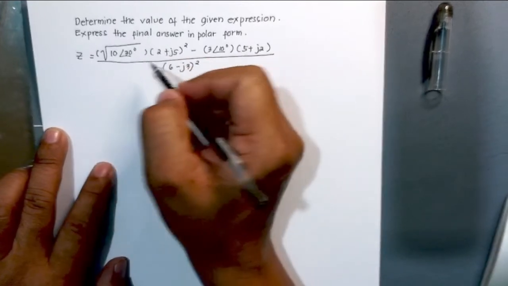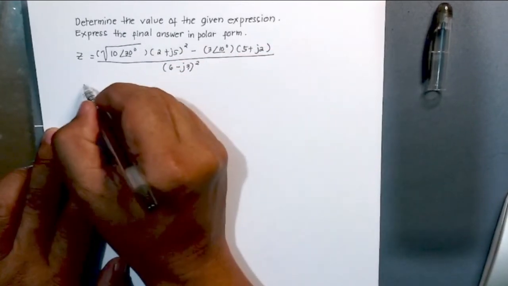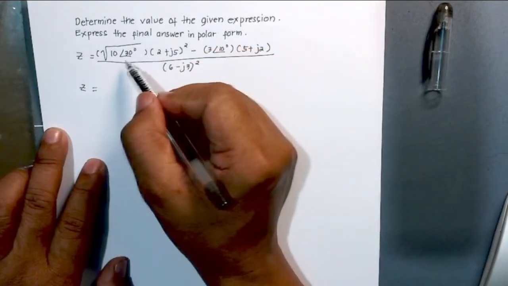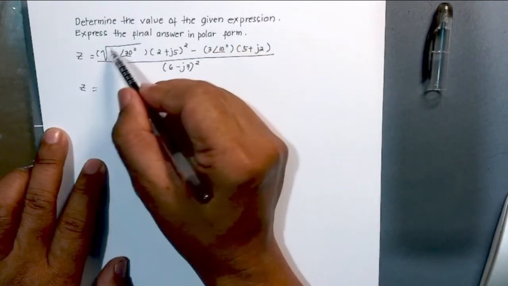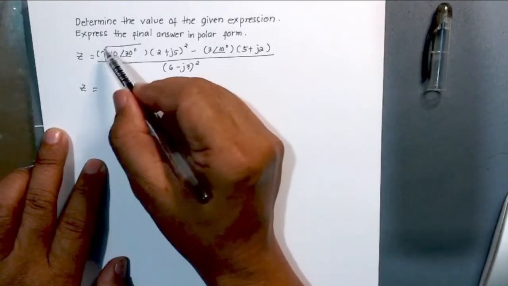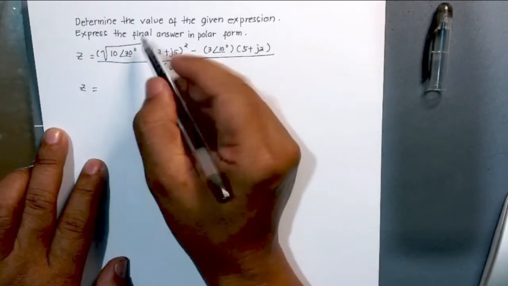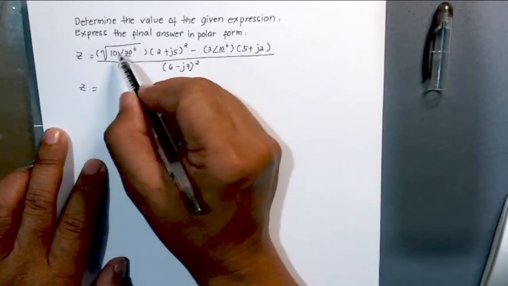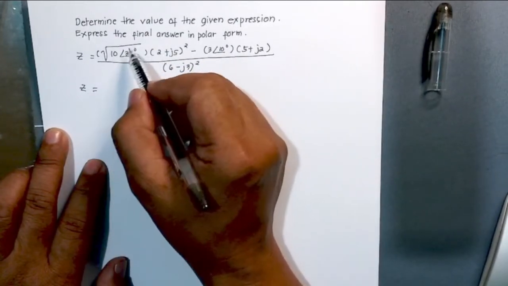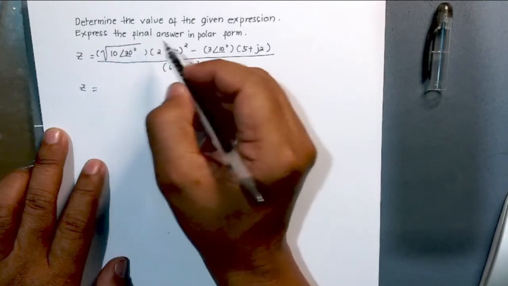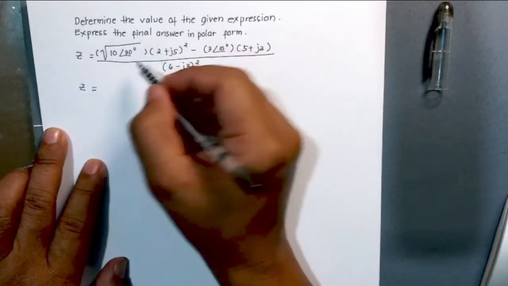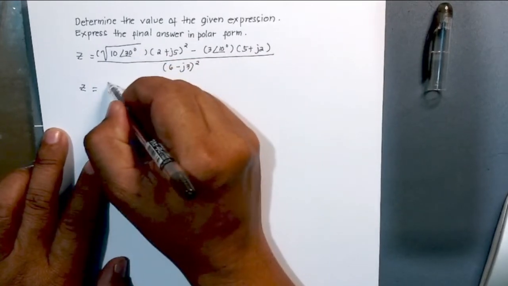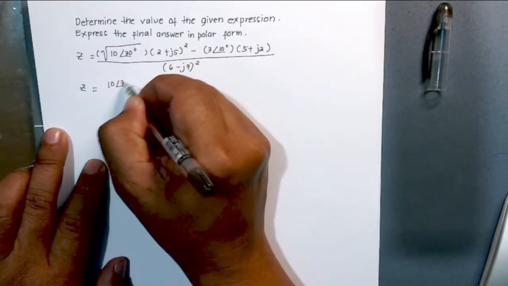simplify terms. Okay, so z is equal to this one, which is in polar form, and it uses here a radical symbol, but you can also transform the term to 10 cis of 30 degrees.